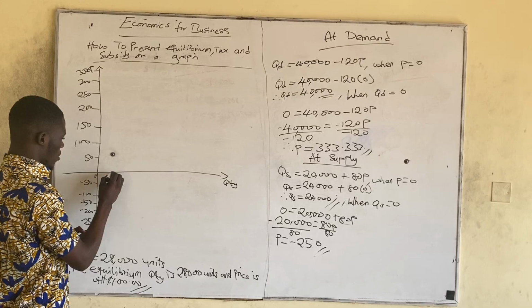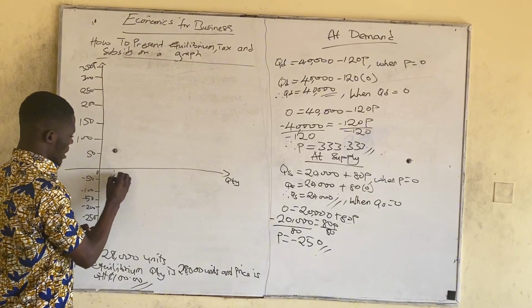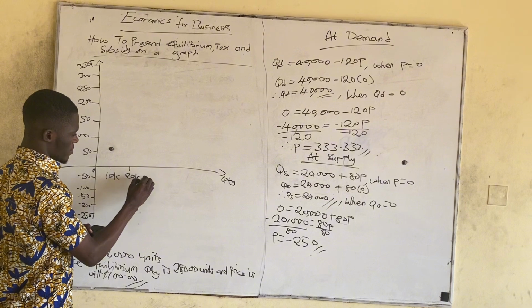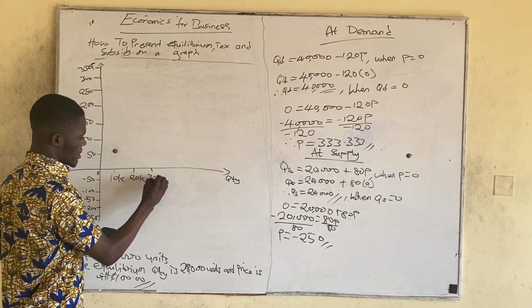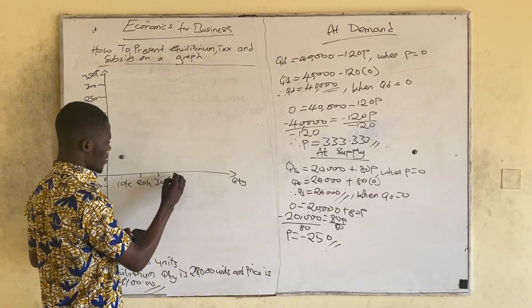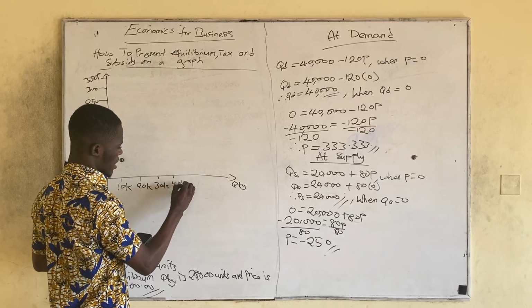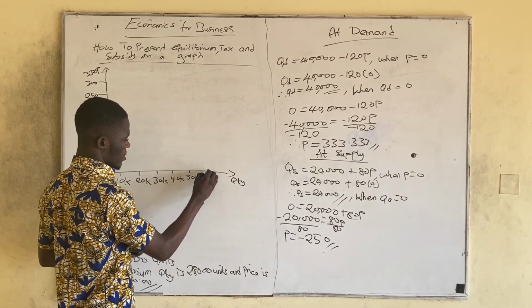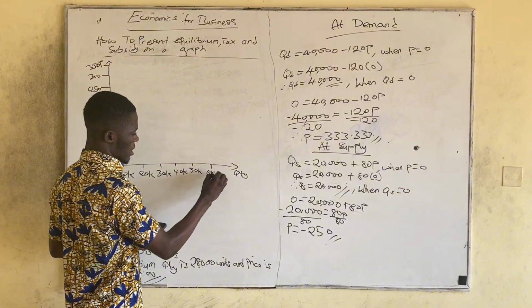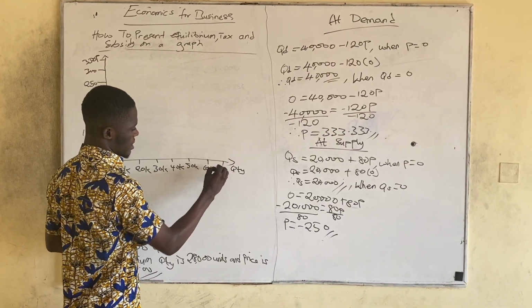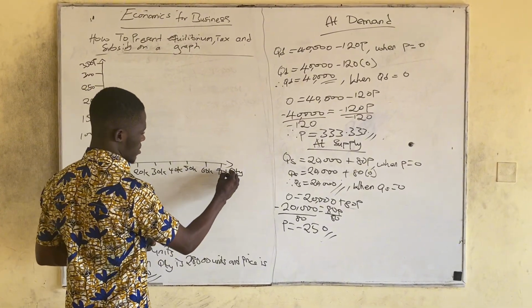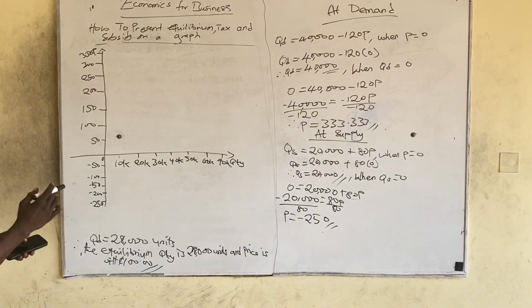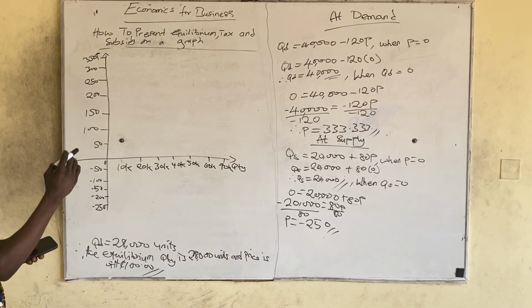So I'll get my 10K here, 20K here, 30K here, my 40K here, 50K here, 60K, then my 70K, like this.